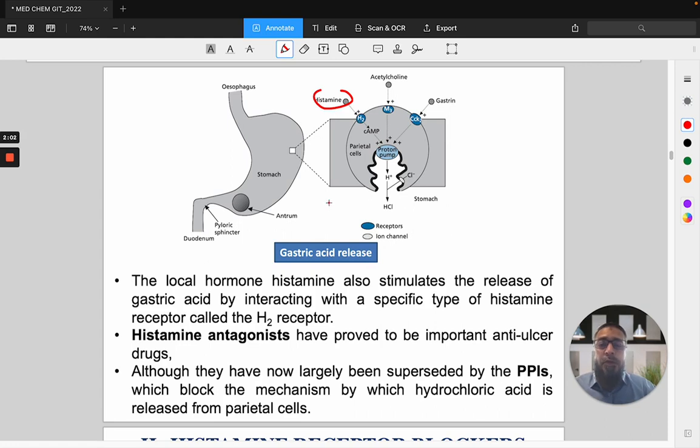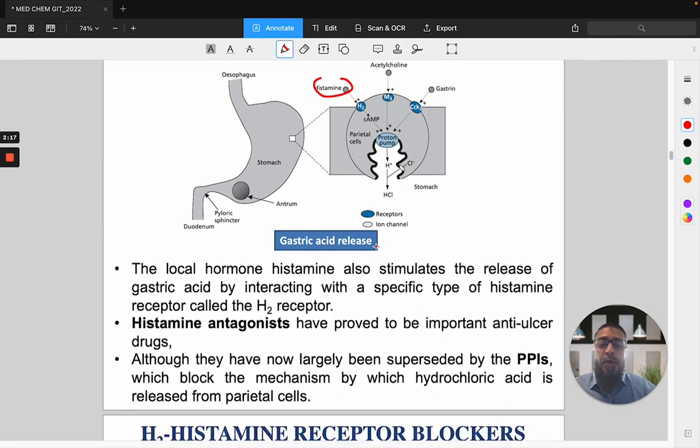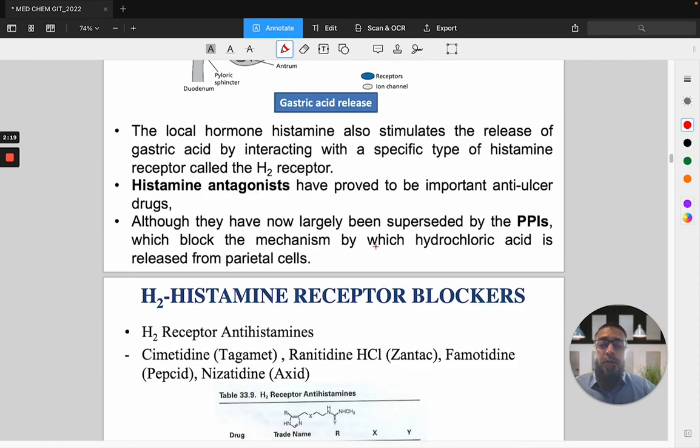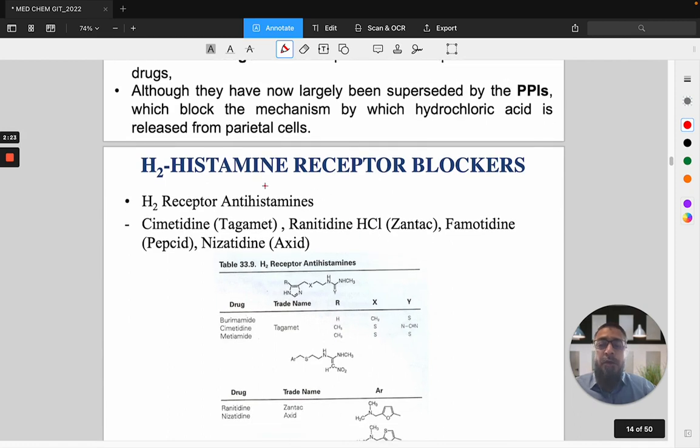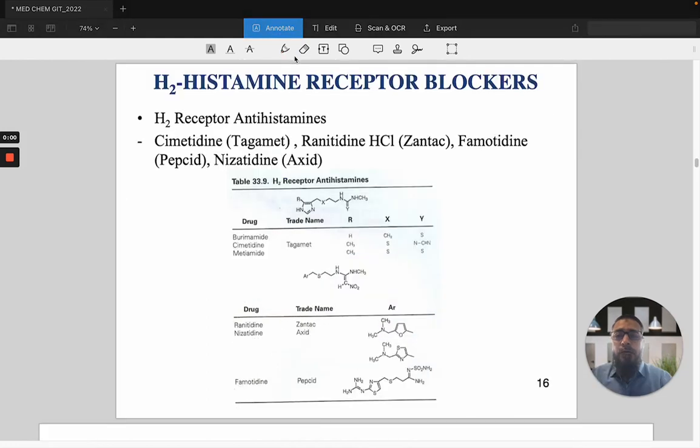So histamine antagonists have proven to be important anti-ulcer agents, although they have largely been superseded by the PPIs, which block the mechanism by which hydrochloric acid is released from the parietal cell. So we will see what is the structural feature of the molecule which has the ability to bind with the H2 histamine receptor.